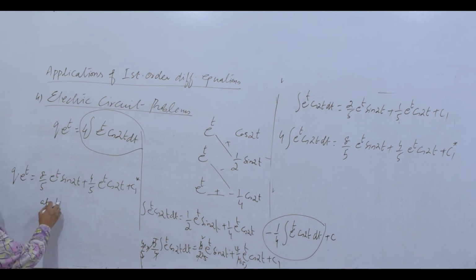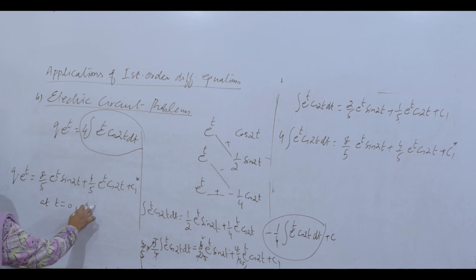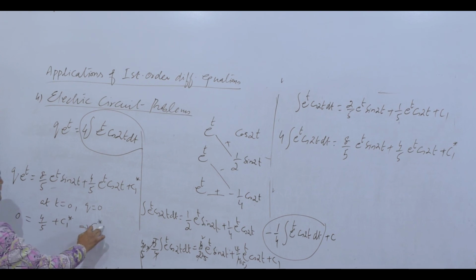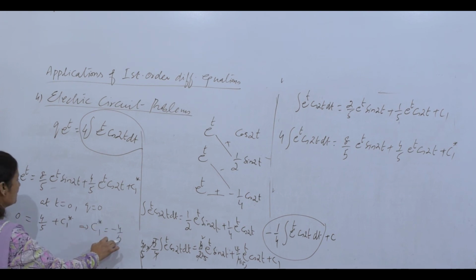Let us find c1. At t equal to 0, q is 0, since there is no charge on the capacitor initially. This is 0 on the left. At t equal to 0, sin 0 is 0 and cos 0 is 1, so 4 by 5 plus c1 star. This implies c1 star is minus 4 by 5.